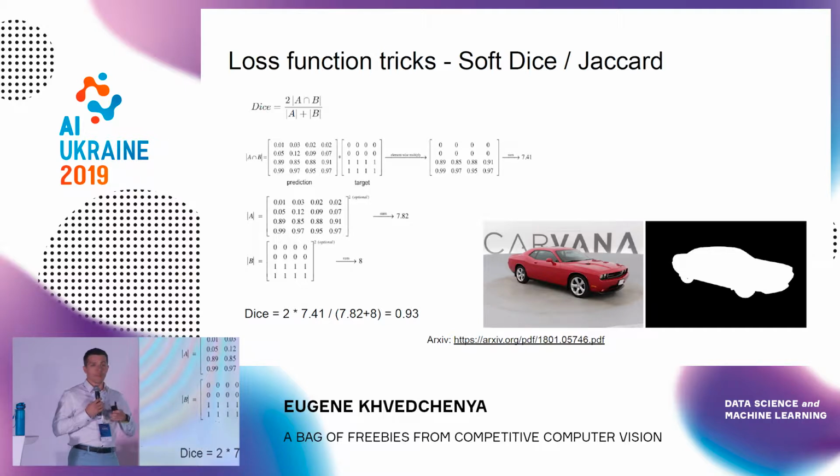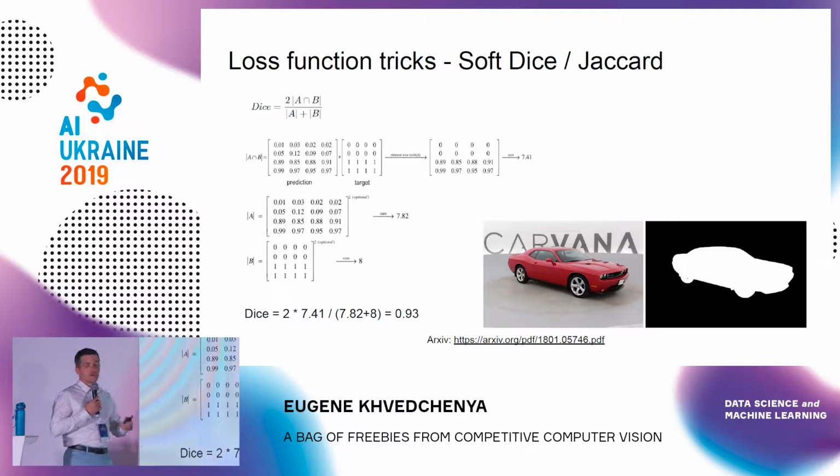And this simple idea helped to win the Carvana Image Masking Challenge competition, where it was first announced as a loss function. What it gives us is that it makes the predictions sharper on the edge, where typically the model introduces the most error.